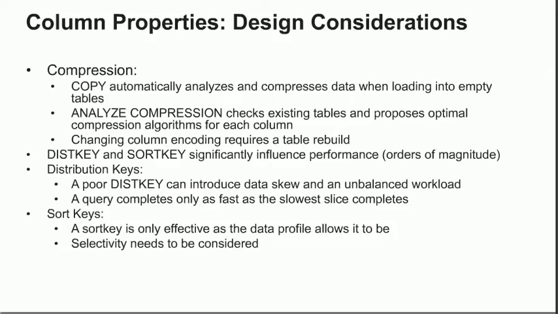So just a little bit into the design considerations here. The column properties, the bits that really influence performance, the first thing is distribution keys. They have the largest, or can have the largest, impact on performance. The next are sort keys, and then compression after that.